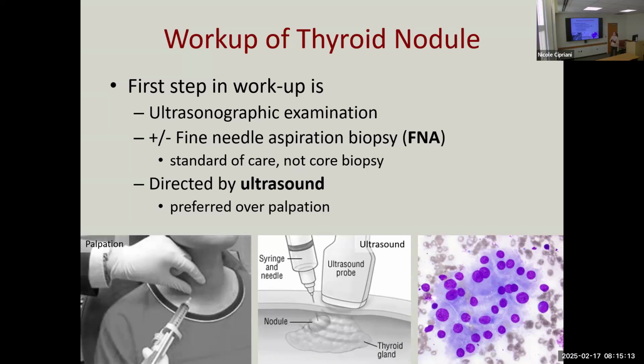Hence, they are often done under ultrasound guidance with cytology there for rapid on-site evaluation to determine if there is adequate sample or not. So that is kind of standard of care in this institution. Core biopsy is not really recommended.